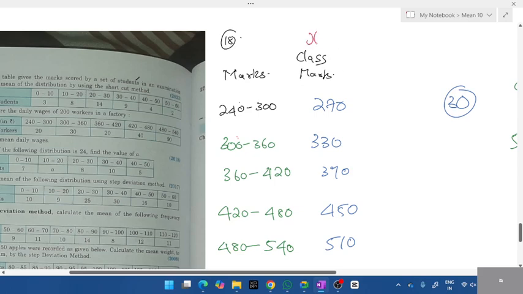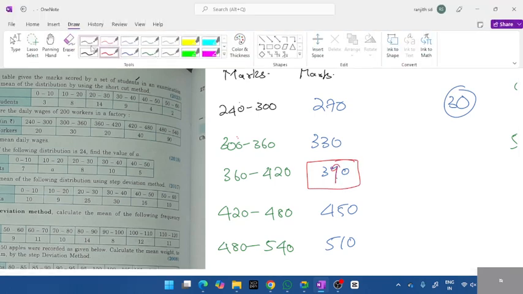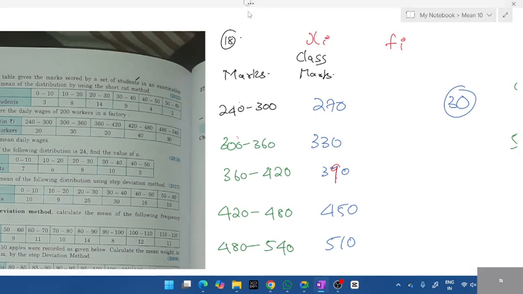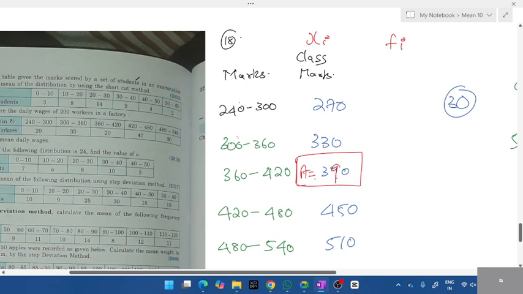Which value? This is xi. We'll write fi. Which one you have to assume, students? Which is in between, 390. So there you can just write 390. Usually what I do is, if it seems to be clumsy, write A is equals to 390, drop box. Indicate A is the assumed value.